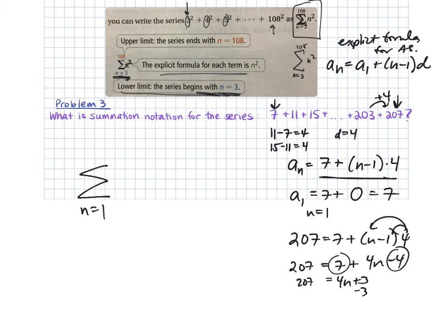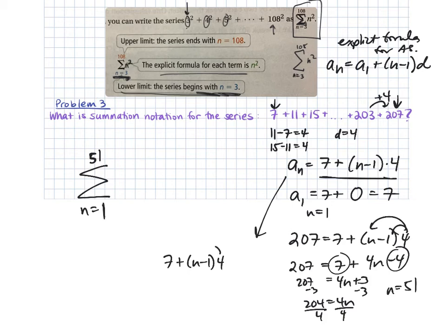So we're going to subtract 3 to get 204, and then divide by 4. This is 51. So we're going to stop at 51. So we start when n equals 1, we stop when n equals 51, and our explicit formula is 7 plus n minus 1 times 4.